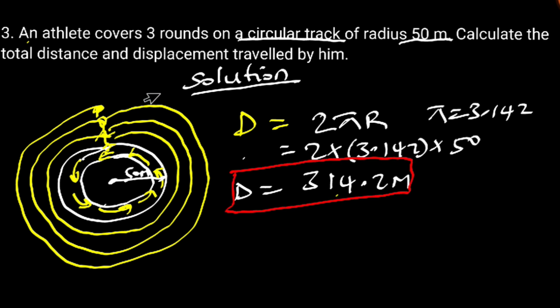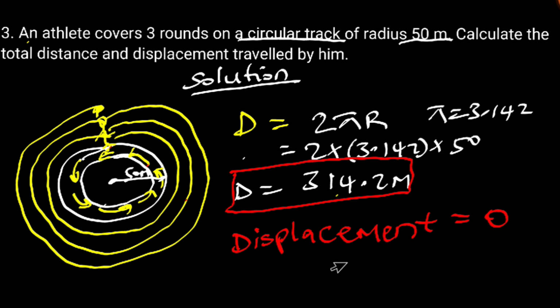And then what about the displacement? For displacement, the displacement is going to be equal to 0 because the athlete ended at the point he started, that is, he completed the journey. So the starting point is the end point, and so the displacement is equal to 0.